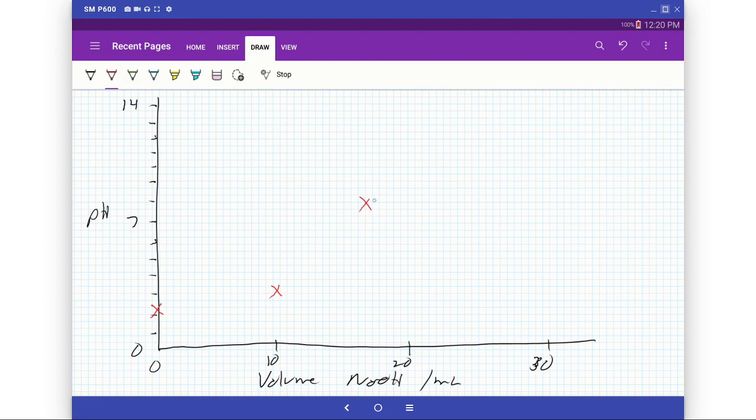And after 25, it was 12.02. So if you were to draw a titration curve through this, it would look something like this. That bad. That's better.